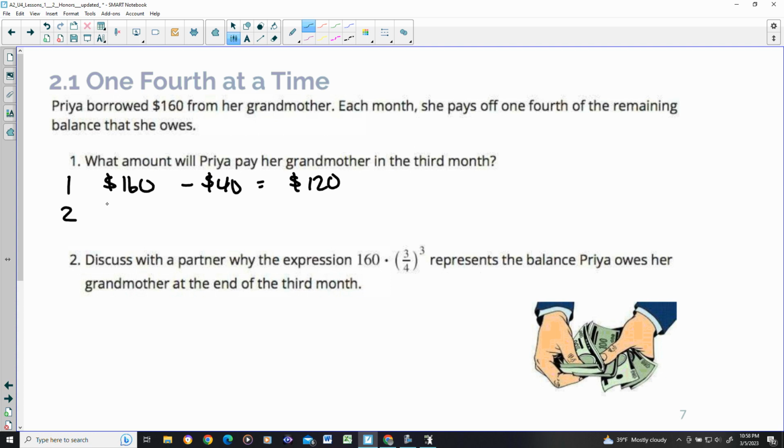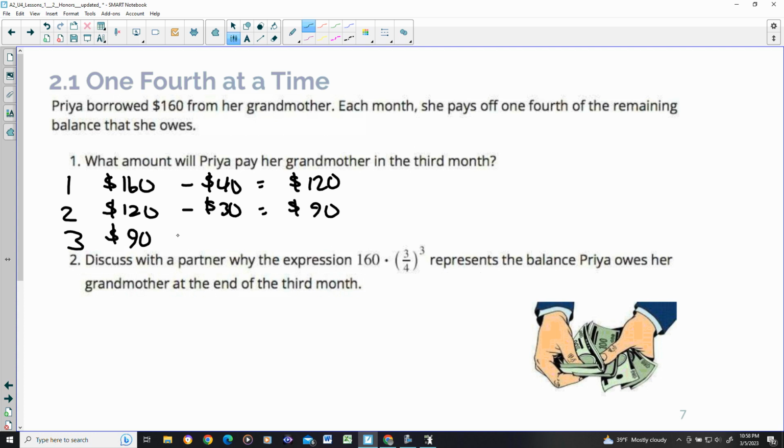Month 2, she owes $120, and she's going to pay off 1/4 of that. Well, what's 1/4 of 120? It's $30. And now she owes 90. For the third month, she owes $90. Now she's going to pay 1/4 of that.